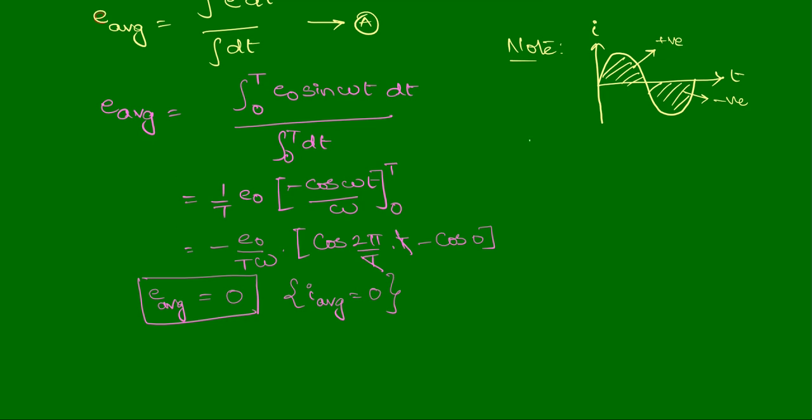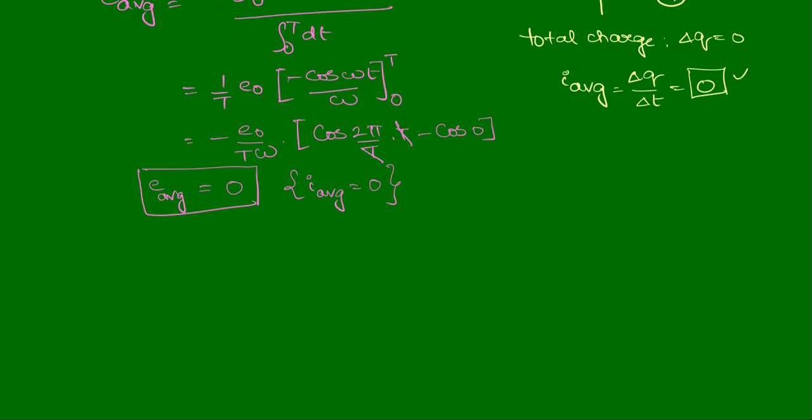So the total charge flown, delta Q, will be equal to 0. So I average will be equal to delta Q by delta T, it will be 0. So we can remember it like this also: over a complete cycle, average current is 0.